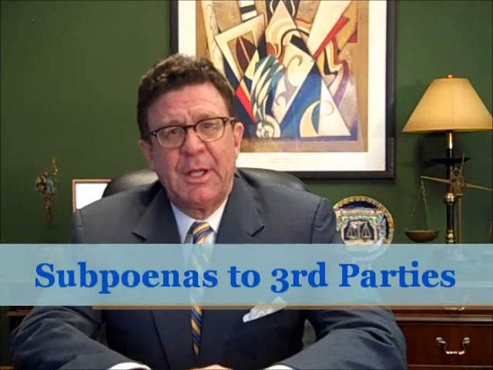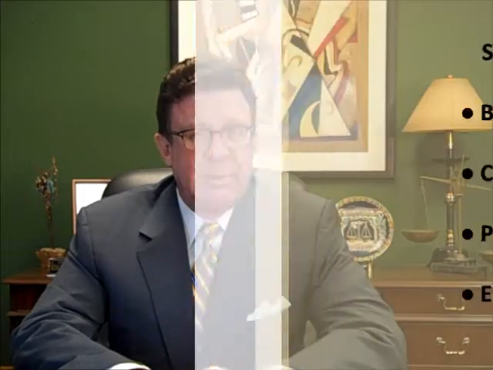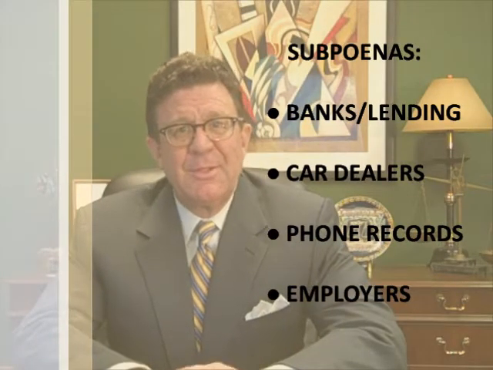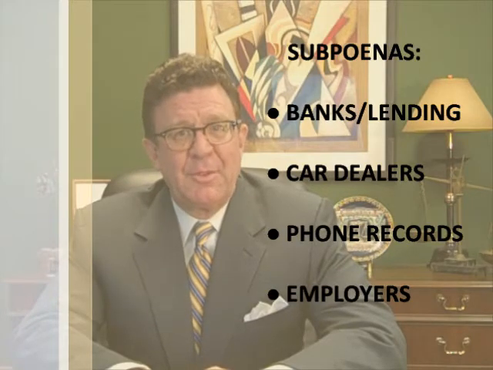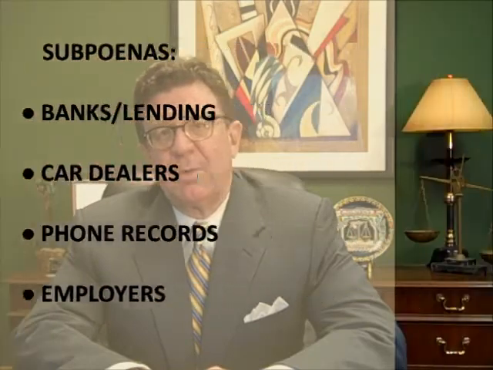In addition to interrogatories, requests for documents, and depositions, each party has the right to issue subpoenas to third parties such as banks, lending institutions, car dealerships, things of that nature that will allow them to access financial records and other records of the other party.